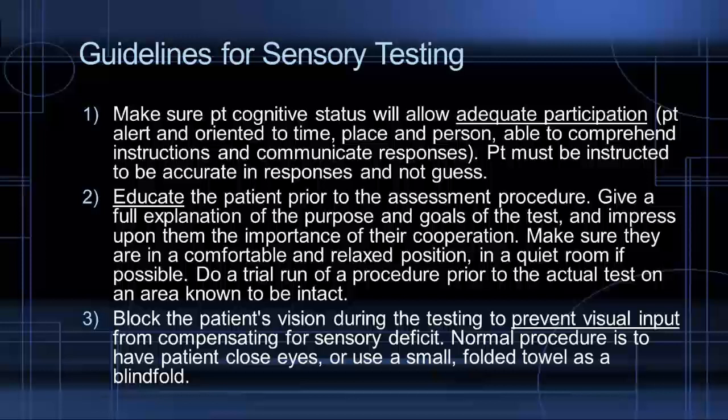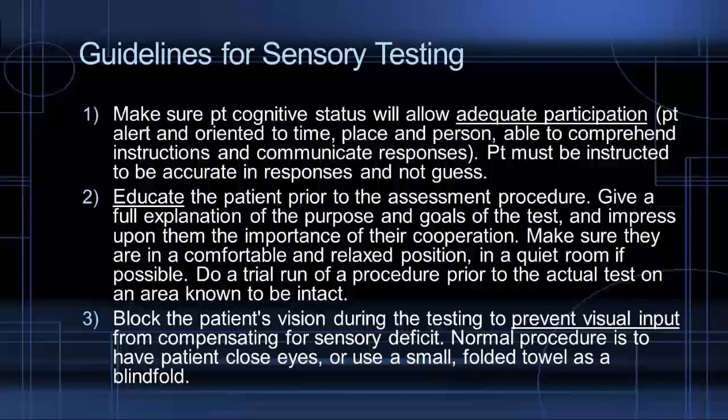I know a lot of us have been to the eye doctor, where they show you two different adjustments for your vision and ask which one's clearer. Sometimes you're not really sure, and you could guess and say, oh, maybe it's the first one. But with sensory testing, you really want them to try to be accurate, and if they don't feel anything, to just tell you that they don't feel anything.